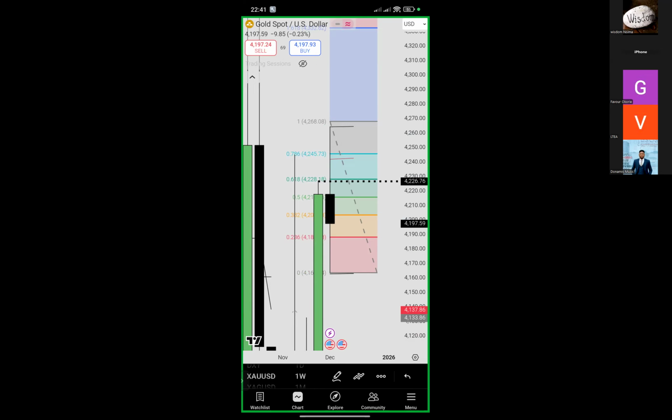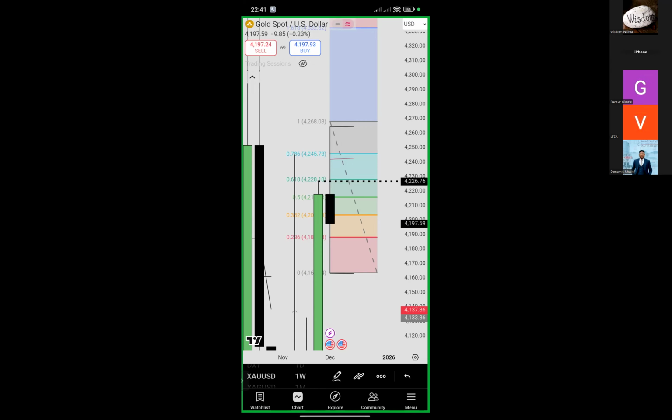I will just classify them as one. Do you understand what I'm saying? The 50% of what you fibbed, and the body of the black and gray candle, they are relative, you know.